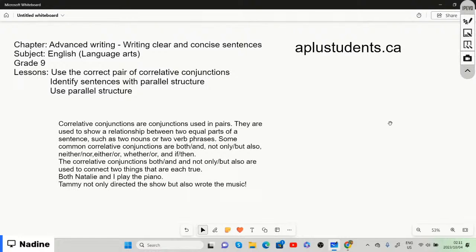And once again, some of the common correlative conjunctions are both and, and most times we use and, not only but also, neither nor, either or, whether or, and we can also use if then.